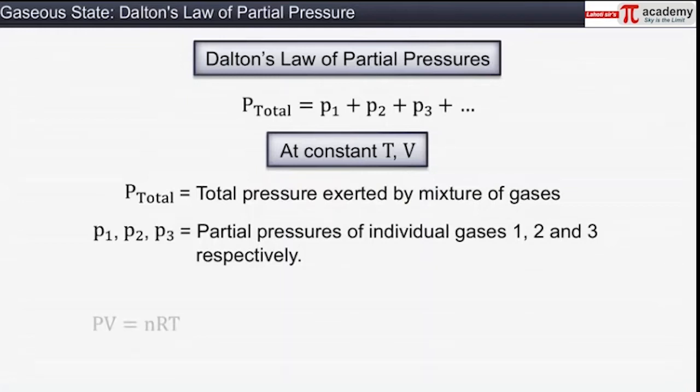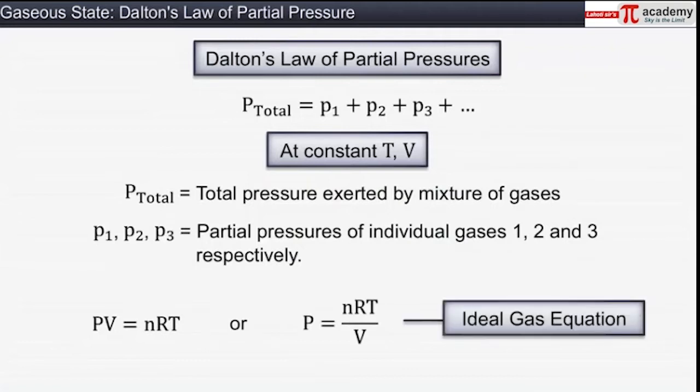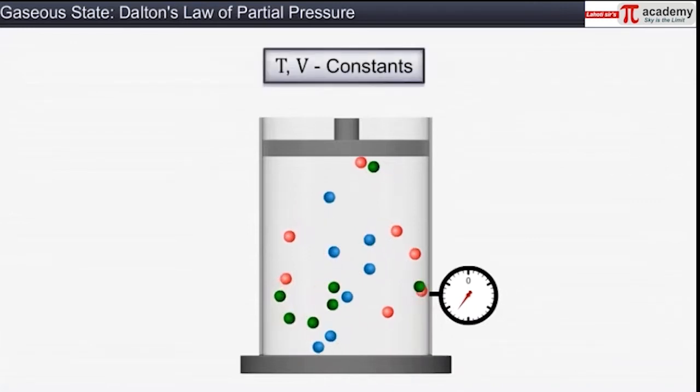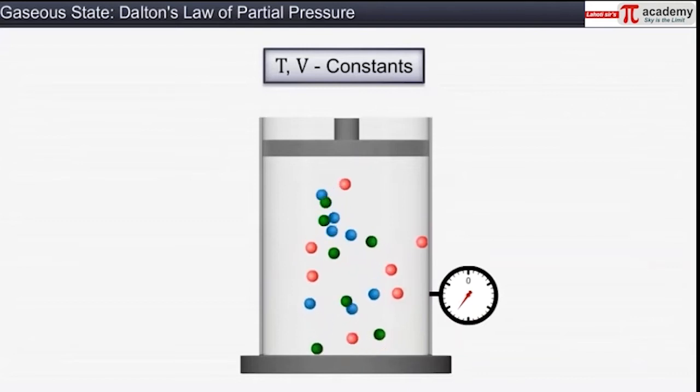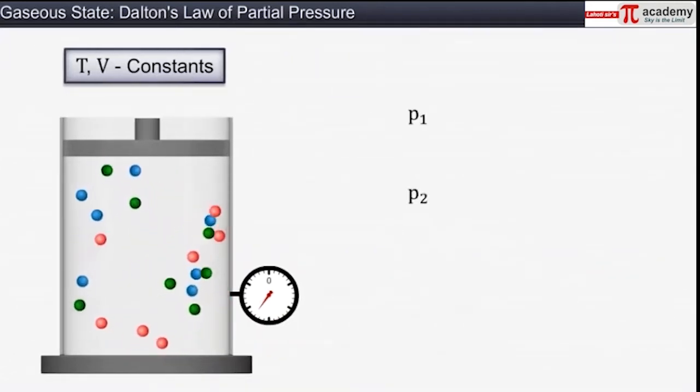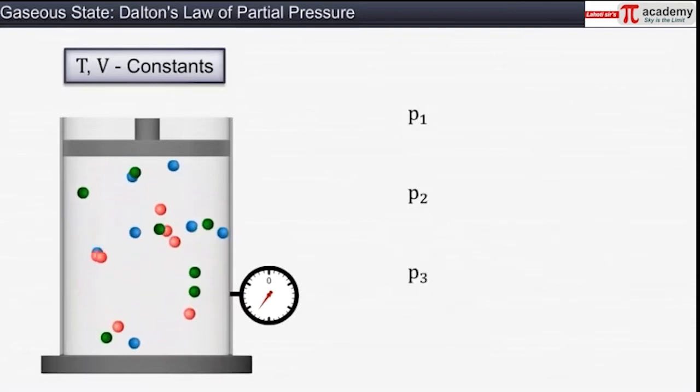Let us now calculate the partial pressure exerted by each gas from the ideal gas equation. Consider a mixture of three gases 1, 2, and 3 enclosed in a container of volume V at temperature T, exerting partial pressures P1, P2, and P3 respectively.